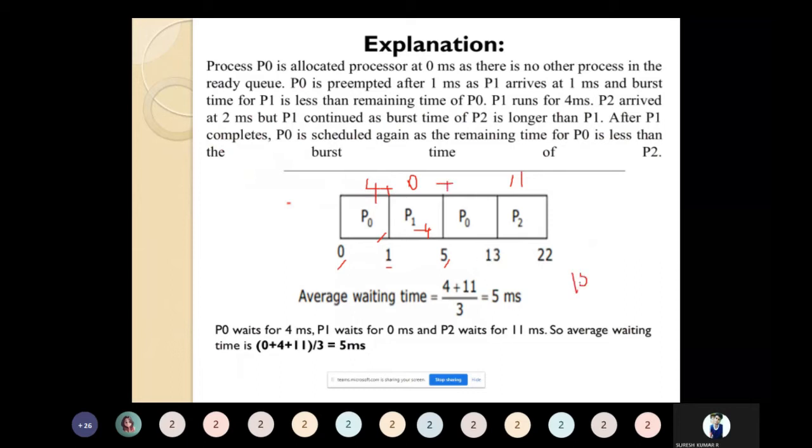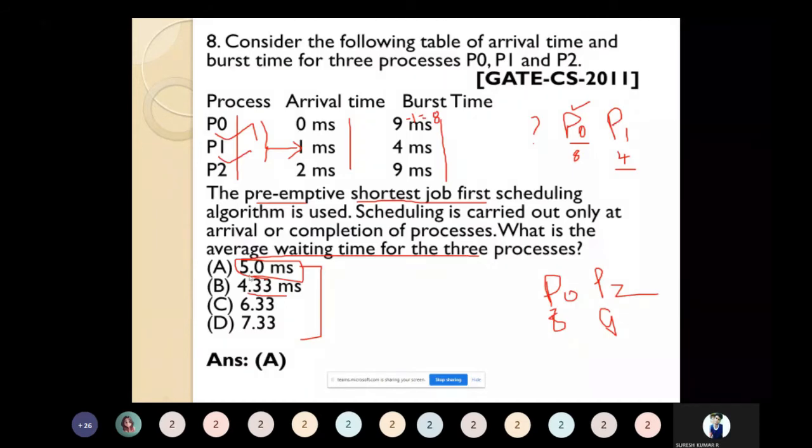Then 15 divided by the total number of processes, 3, gives 5. So 5 milliseconds is my answer. So my option is A.